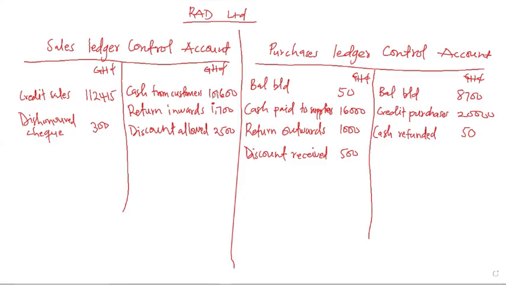Maybe the customer overpaid or made some payment in error. So we are refunding the money to the customer. It's like an error has occurred and we are reversing it. You can also look at it in that way.